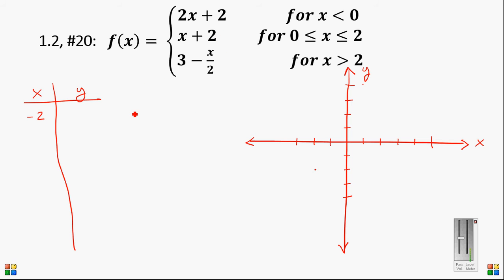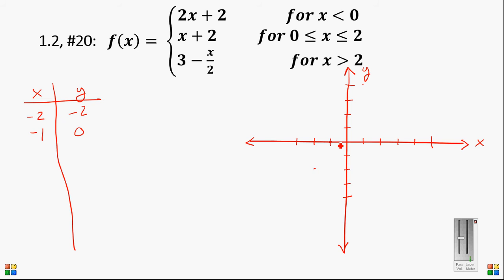Then let's do negative 1. Negative 1 times 2 is negative 2, plus 2 is 0. So at negative 1, oh, and I lost my dot here. Negative 2 was right here. And then at negative 1, I'm at 0, which is right there.